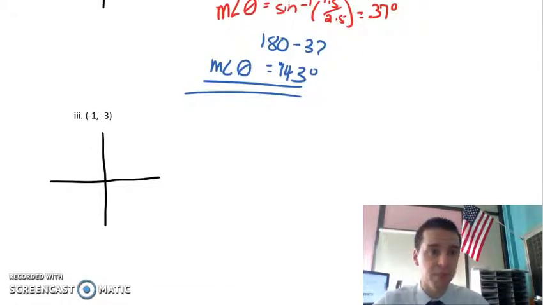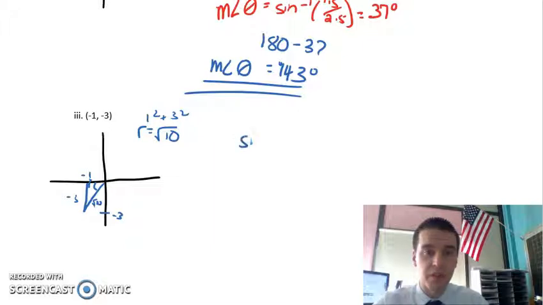We're going to go -1, -3. Remember that the bow tie goes like this. And so this is -1, this is -3. Remember that we're going to get 1 squared plus 3 squared. You can get square root of 10.